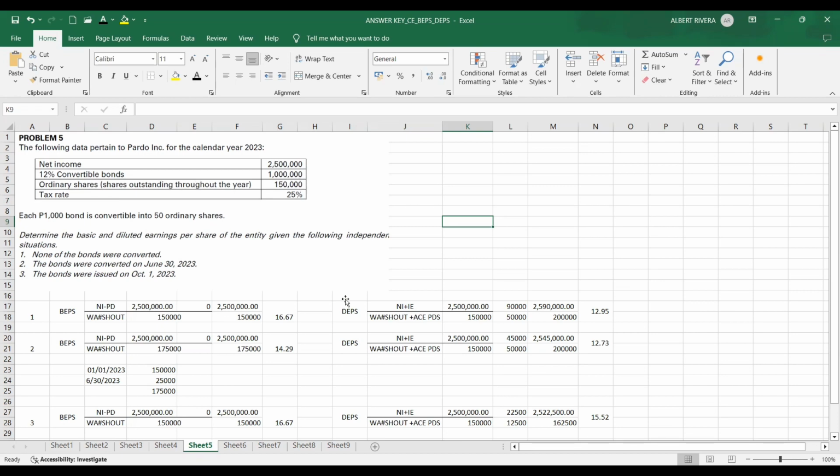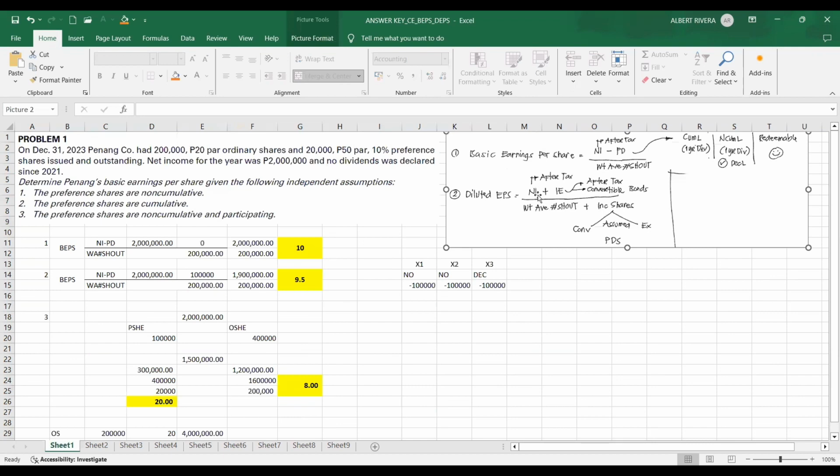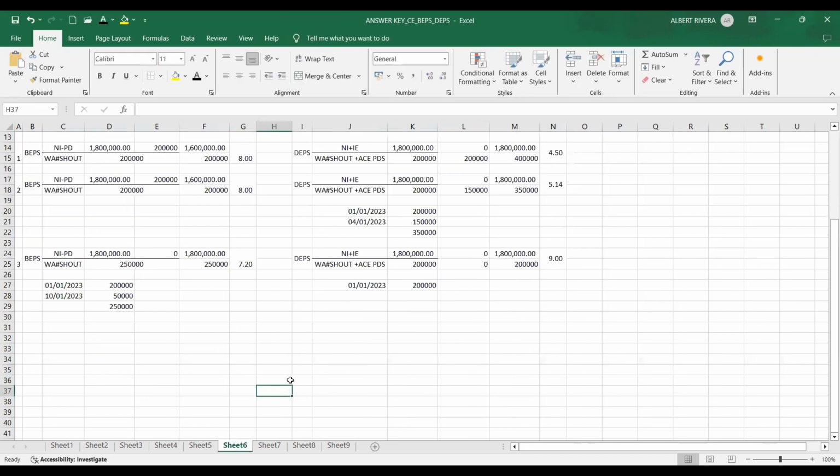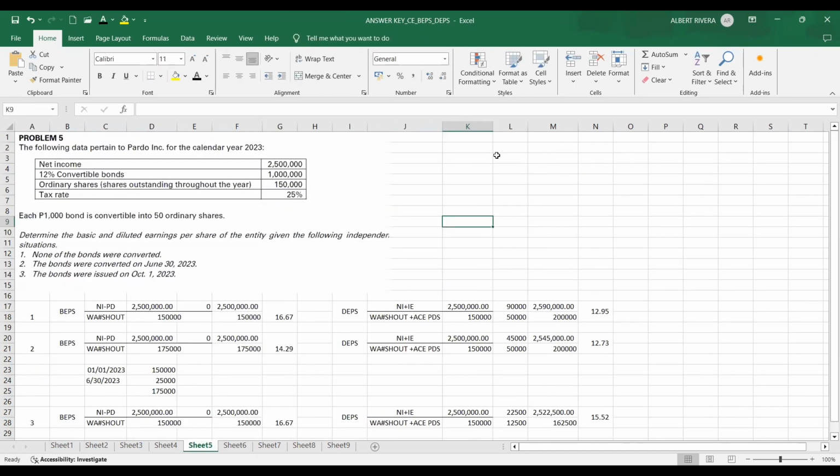Okay? At ang sabi natin, the formula for the diluted earnings per share should be the net income after tax plus the interest expense coming from the convertible bonds. And that should also be an after-tax item. Lagyan natin dito.